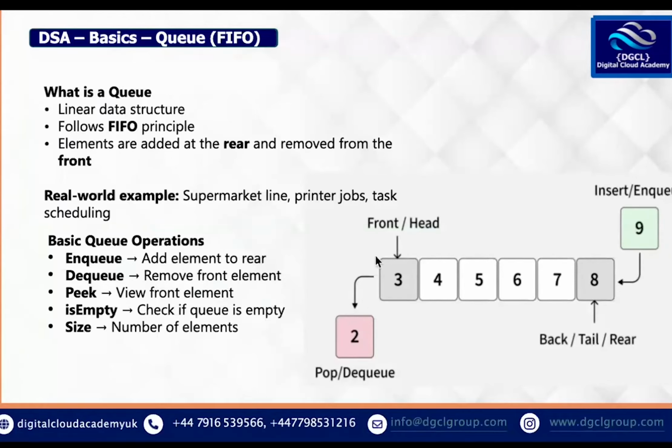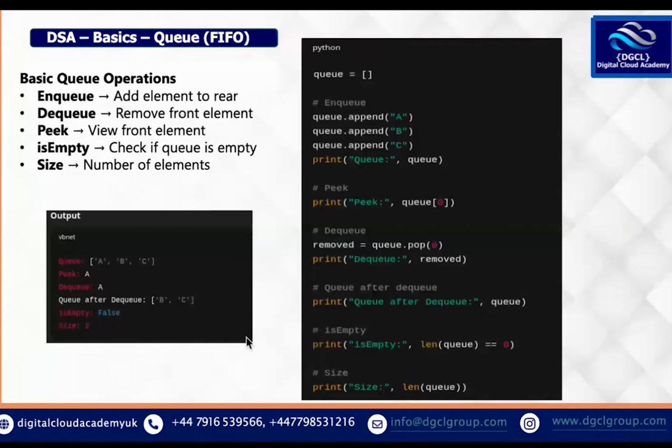From the first element, you dequeue. Peek, view front elements. Is empty, check if queue is empty. Size, number of elements. That's not a very big issue.